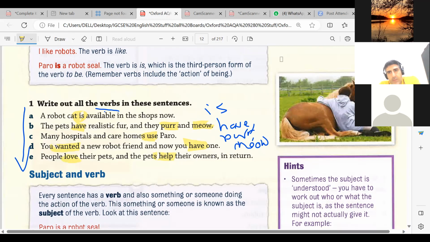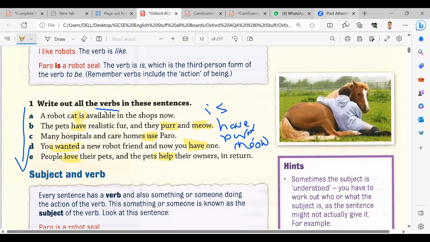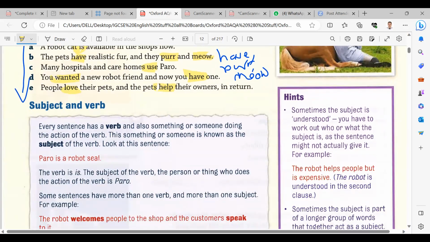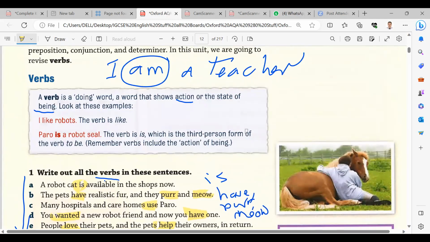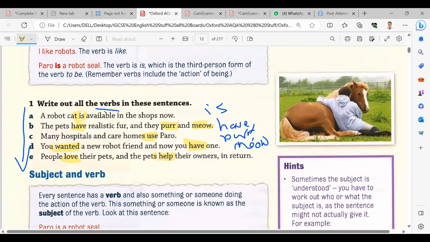Perfect. Now, in our next task, I need you to find the subjects of these verbs. I need you to define the subjects of these verbs. Number one, for example: what is the subject?